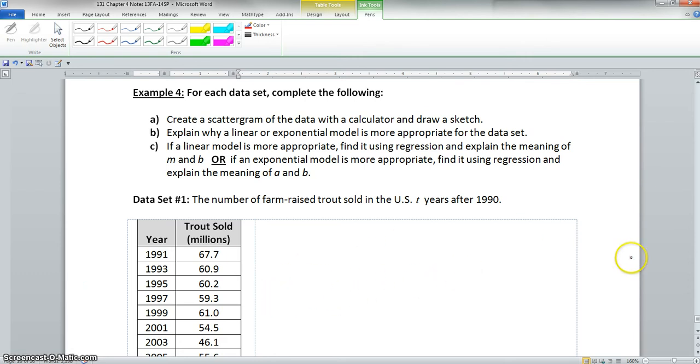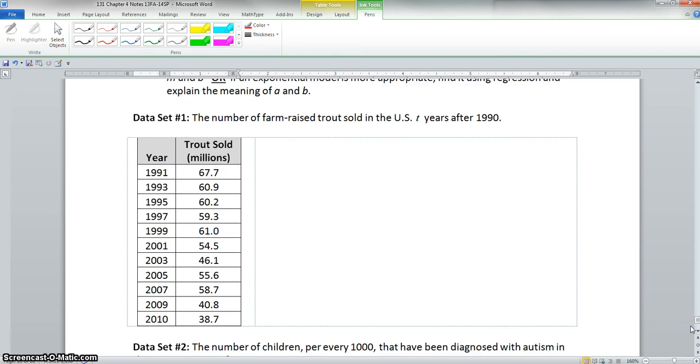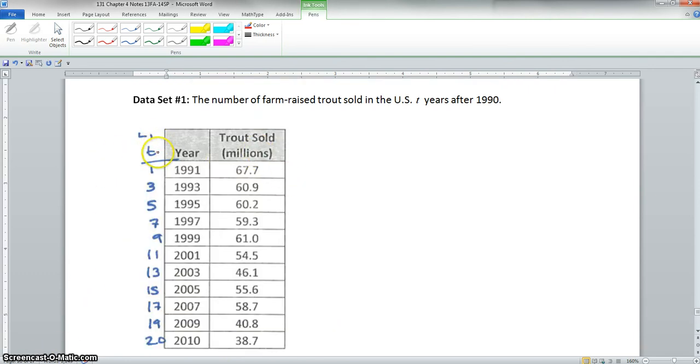Okay, so we need to get started here. It says the number of farm-raised trout sold in the U.S. T years after 1990. So of course, we have to make another line here. We know our T value, and as you see, this is jumping a little bit here. So let me adjust this. Okay, now the necessary adjustments have been made.